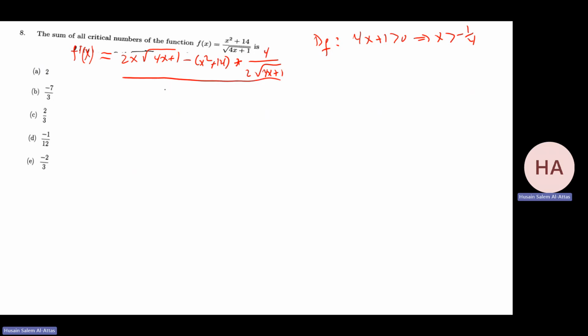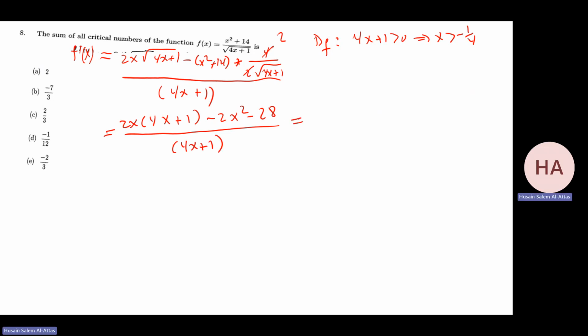All of this over 4x plus 1, which is squared. This is 2, this is gone. So you have 2x times 4x plus 1 minus 2x squared minus 28 over this.